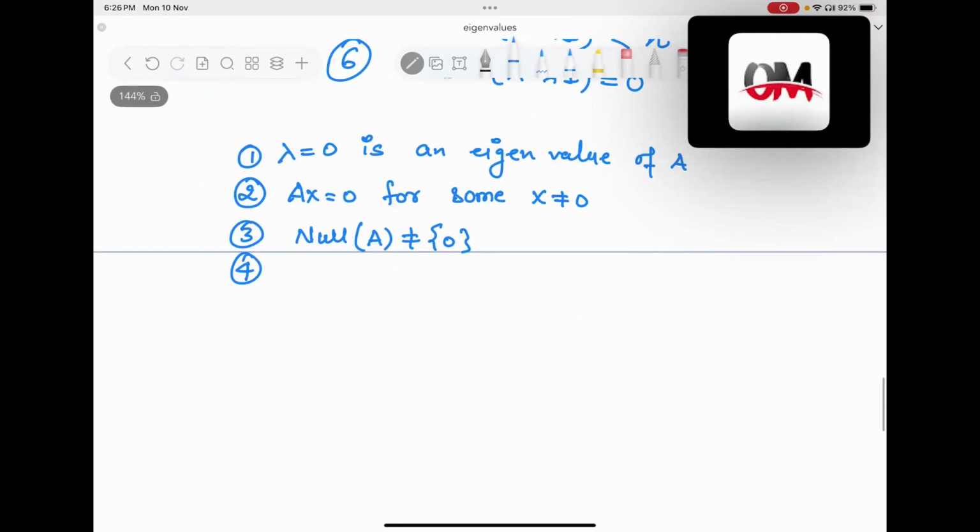The fourth statement is nullity of A is always greater than or equal to 1.